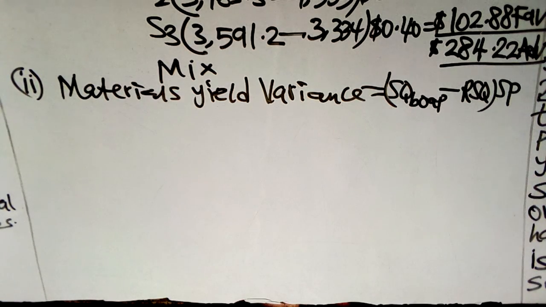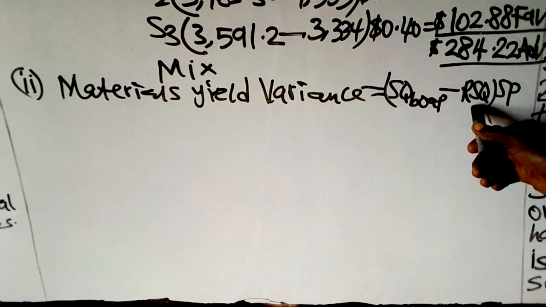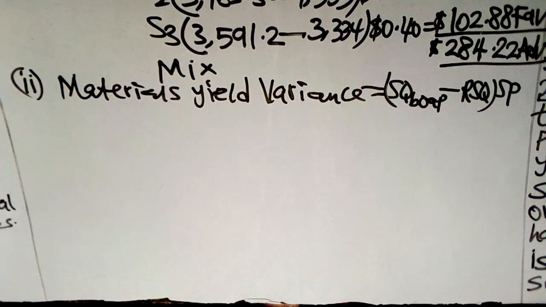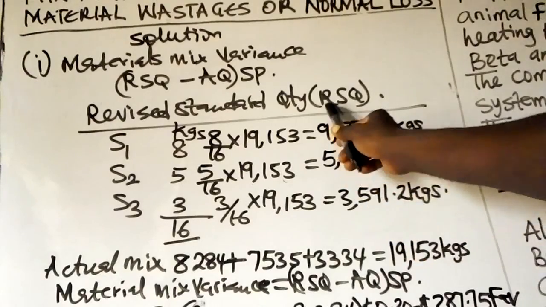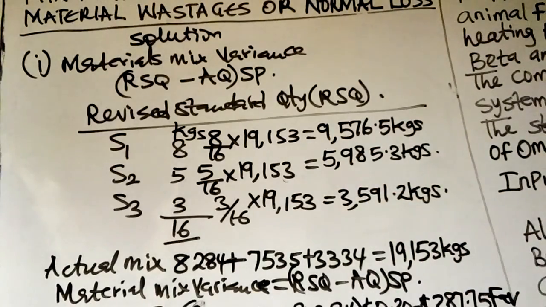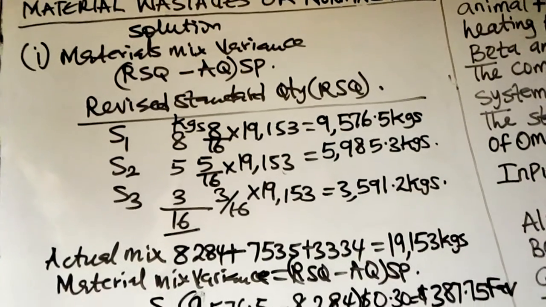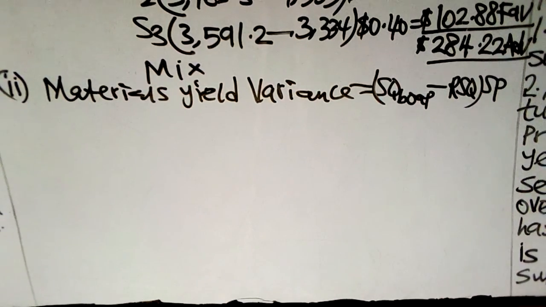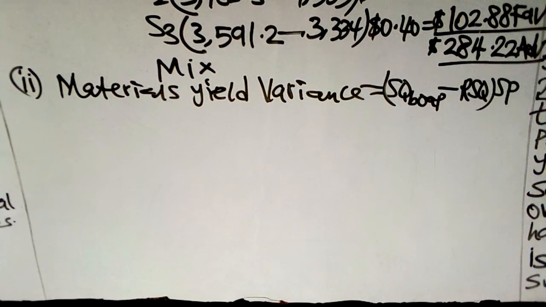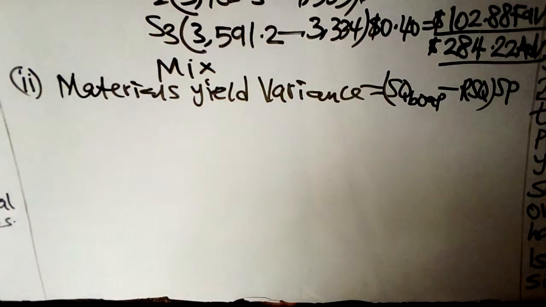So now we have determined our revised standard quantity. So our revised standard quantity as calculated above is still the same. So what we need is the standard quantity based on actual production. But this time around, you are going to take into consideration the effect of the material loss.